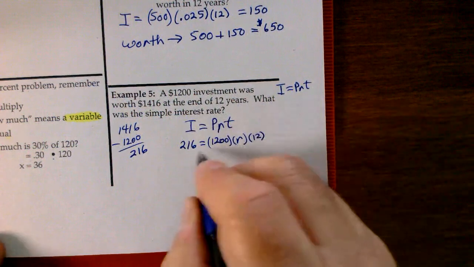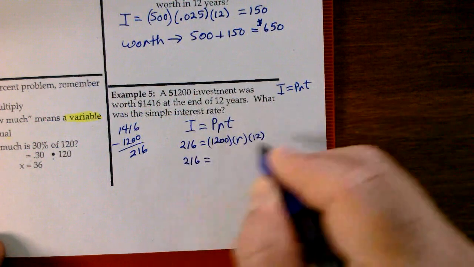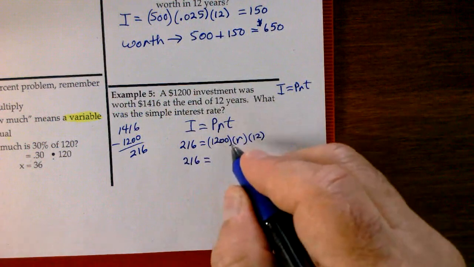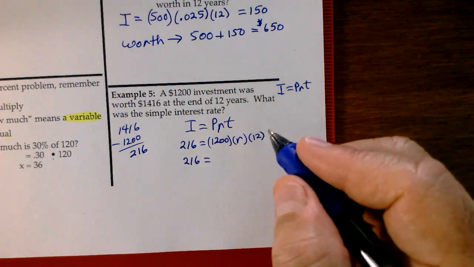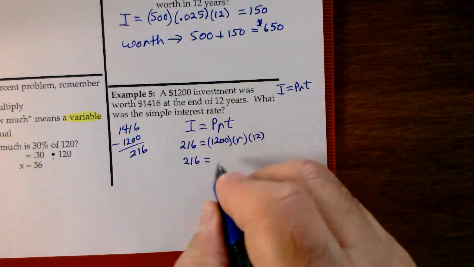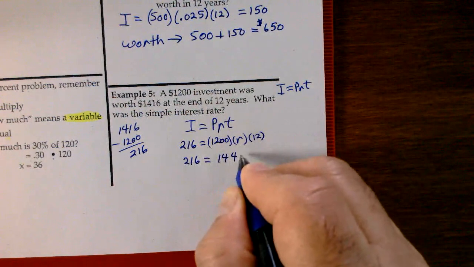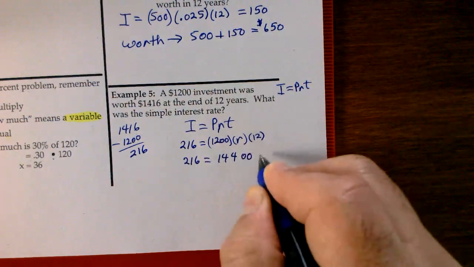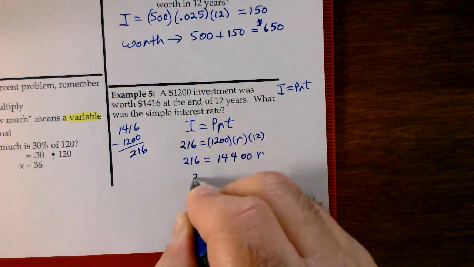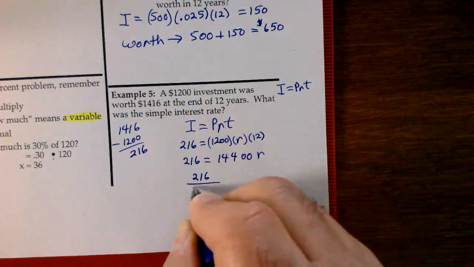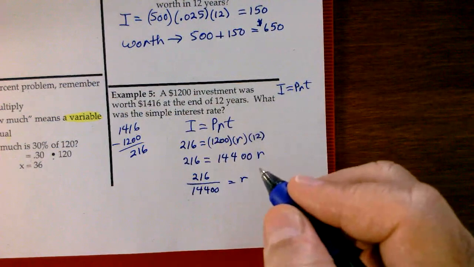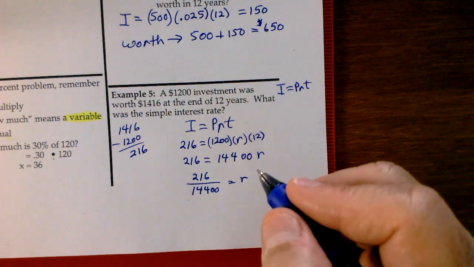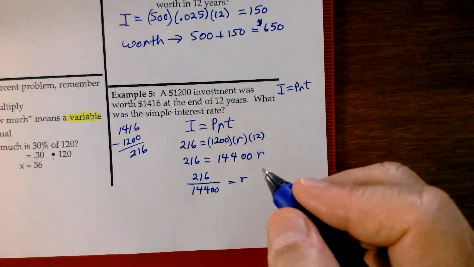All right, so we put all these numbers together. I can multiply 12 times 1,200, and that's going to be 14,400, then R, and then all I got to do is divide these two numbers like that, and that will give me R. And so all I do now is get a calculator, if you like, because the numbers are going to get very messy.